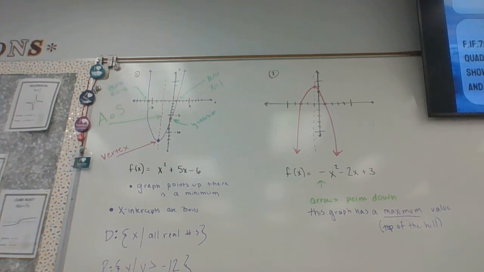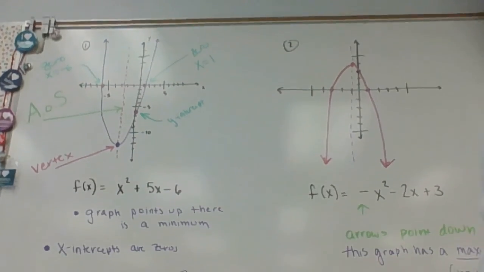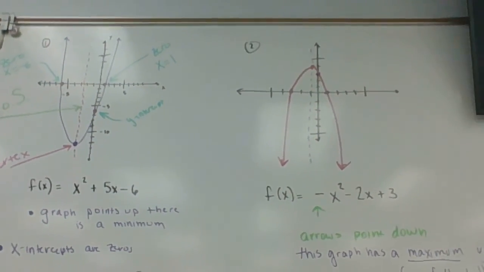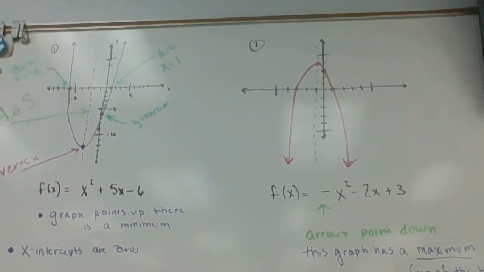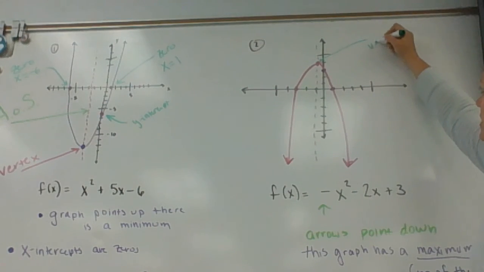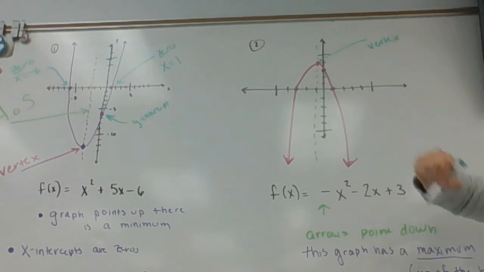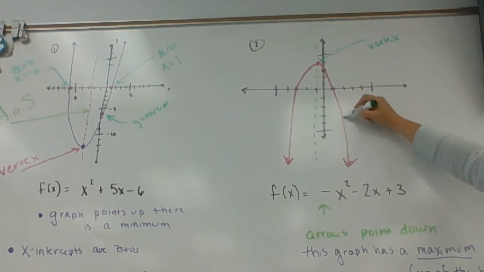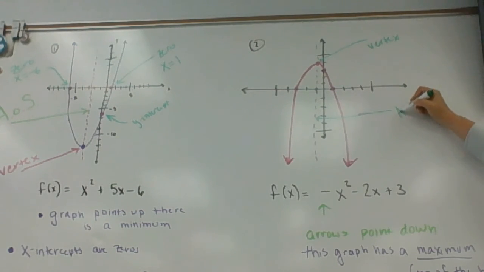Alright, I'll move forward in labeling number two. Alright, here's our vertex. And then the dashed line is the axis of symmetry. Alright, somebody besides Jake, where are the zeros in number two?